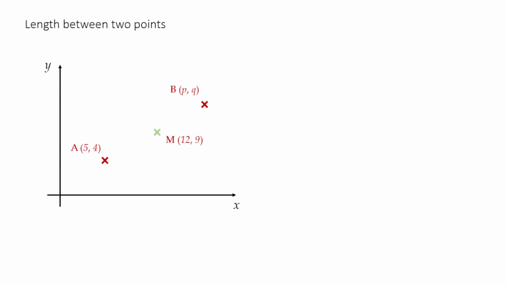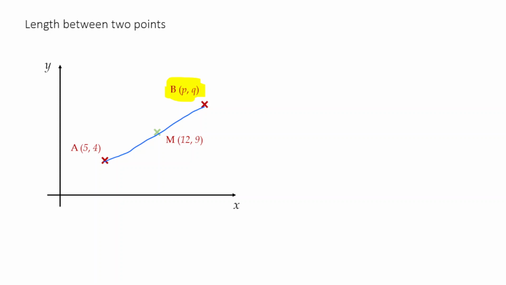So what we've looked at is if we have any 2 points, can we find the midpoint? Well, now we're going to do it in reverse. What I've got here is one point A whose coordinates I know, but another point B whose coordinates I don't know.